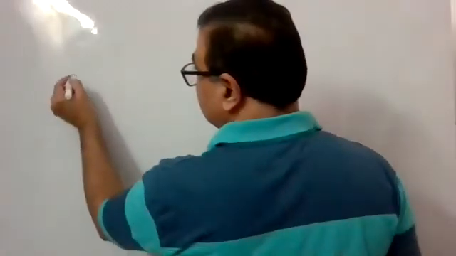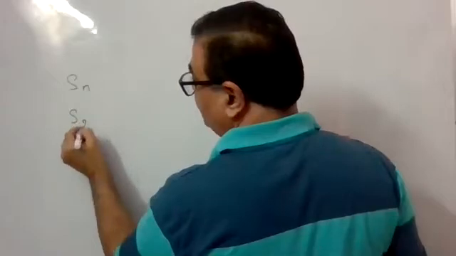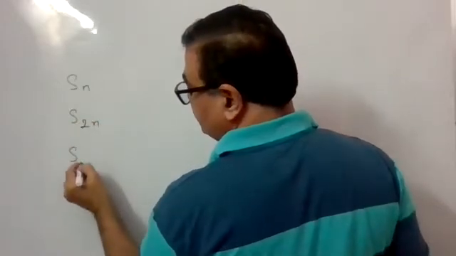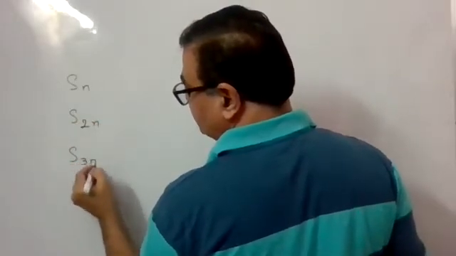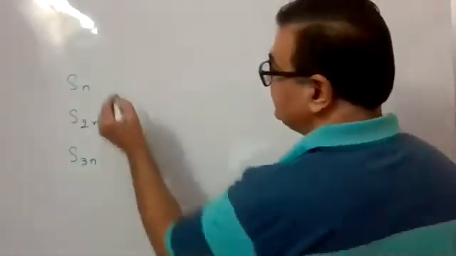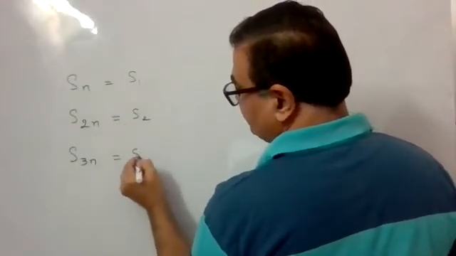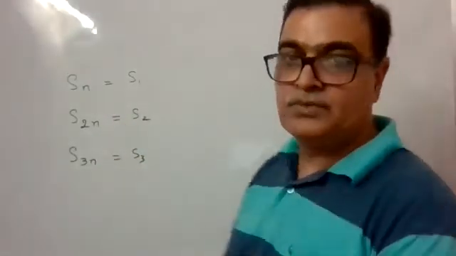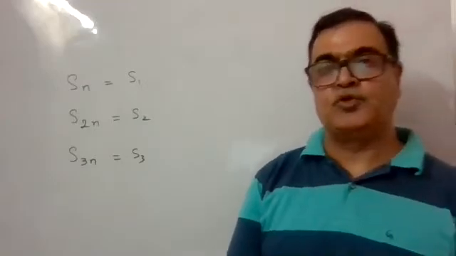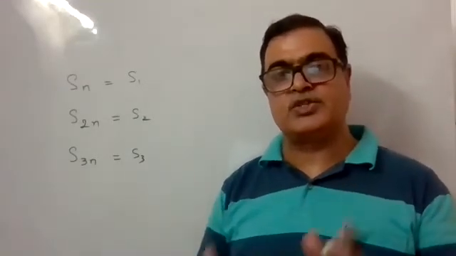Sum of n terms, sum of 2n terms, and sum of 3n terms of an AP are S1, S2, and S3.